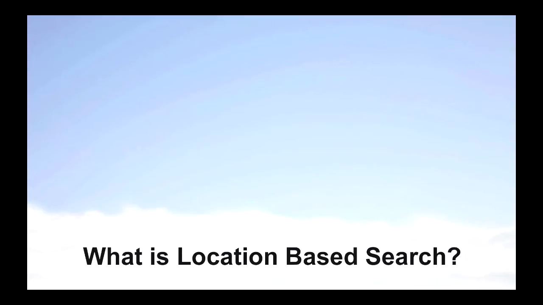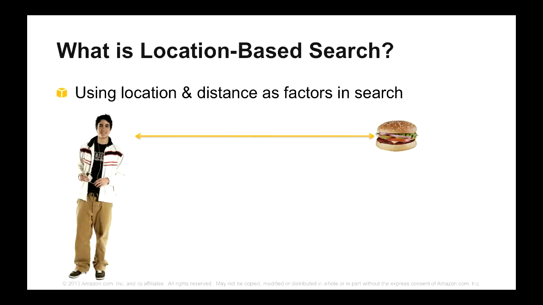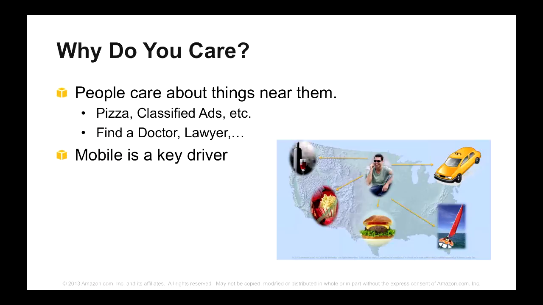So now we're going to get into the meat of this one. What is location-based search? It's fundamentally just using your user's location and distance to various things as factors in your search results. All right? And the key thing is, why are we talking so much about this these days? People have always cared about what's the nearest restaurant, etc. But mobile is really the key driver because everyone's carrying smartphones now.